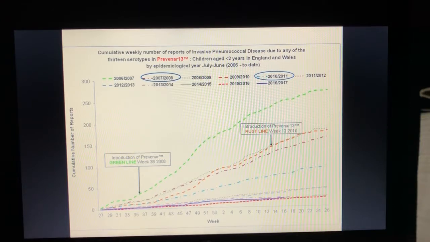And that's a further reduction from 2010, which you can see as the rust coloured line, when Prevnar 13 was introduced 7 years after the original Prevnar in 2006.